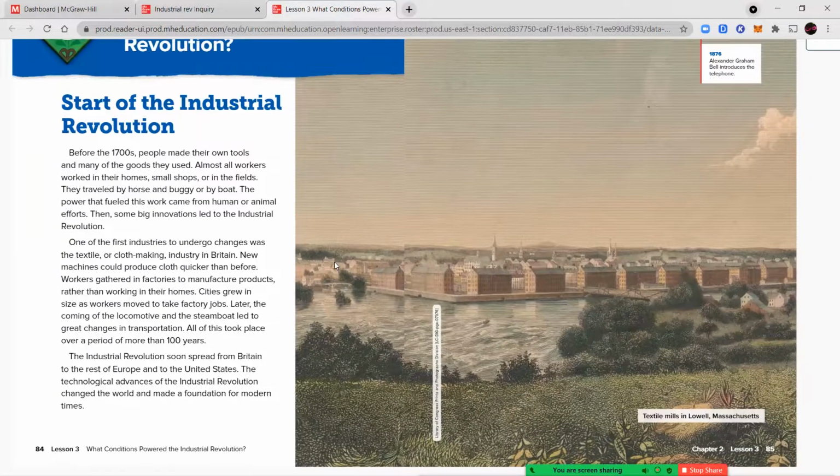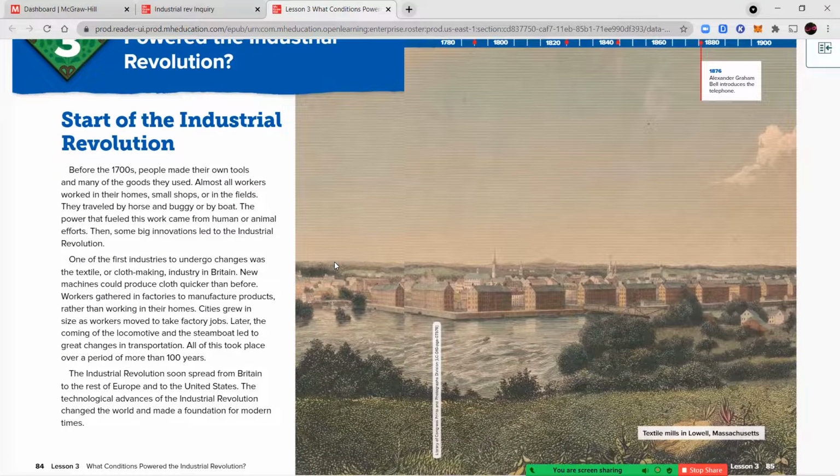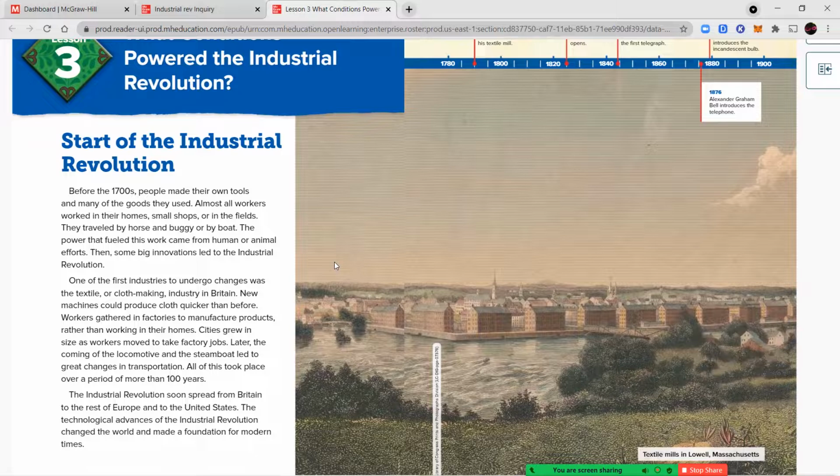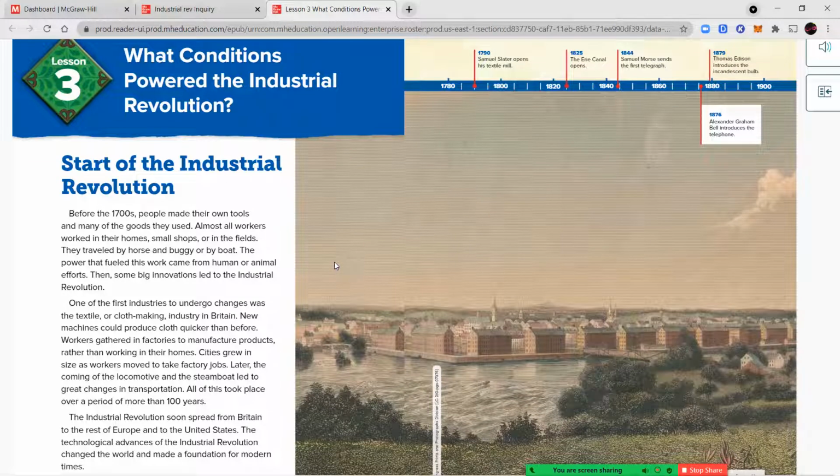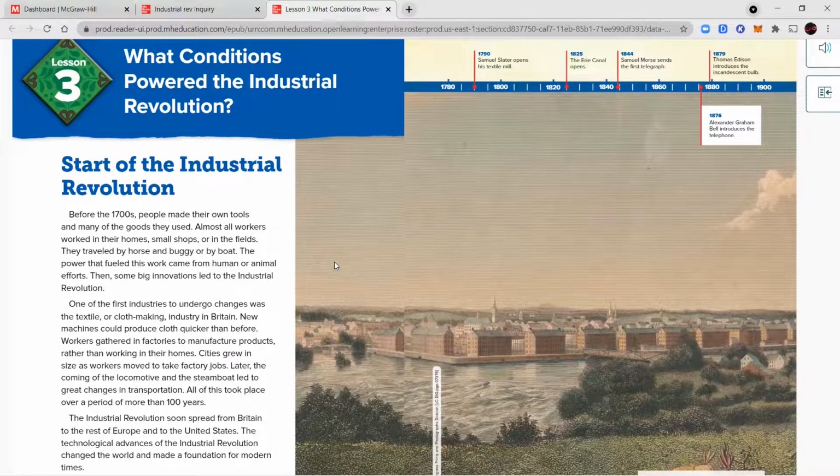So let's stop and think about what we read in this section. So the start of the Industrial Revolution brought with it a lot of changes that changed not only the way people worked, but the way they lived. People weren't working in their home. They weren't making everything they needed on their own anymore. Now there were factories that were able to make those products a lot faster than they could make them by hand at home.